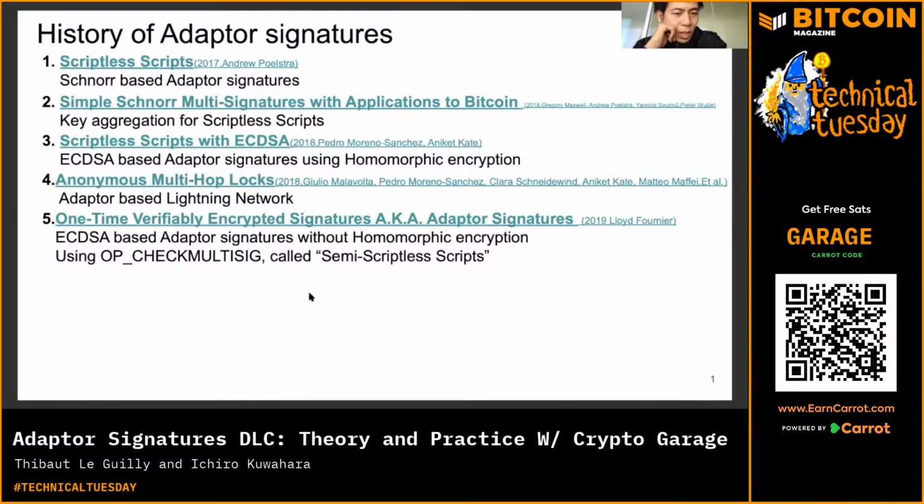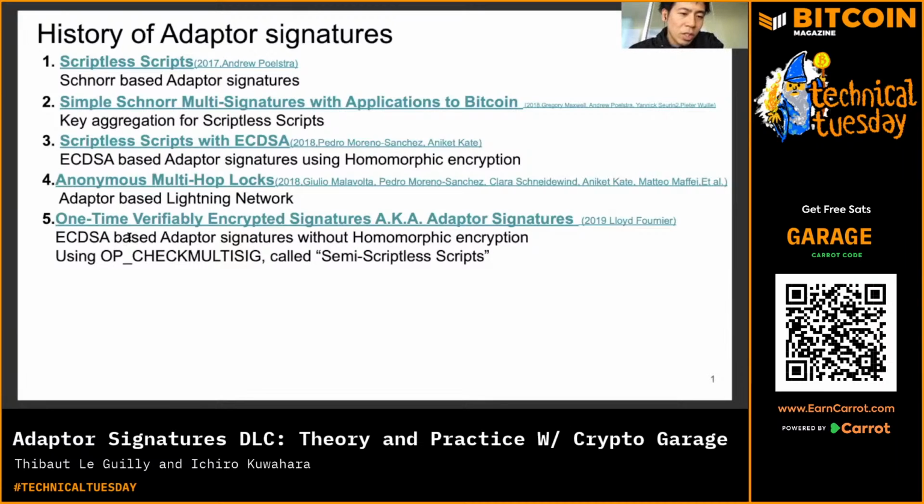And then an adapter-based layer 2 solution was proposed. This can be used in the Lightning Network in the future. And last year, 2019, an ECDSA-based adapter signature that doesn't use homomorphic encryption was proposed.